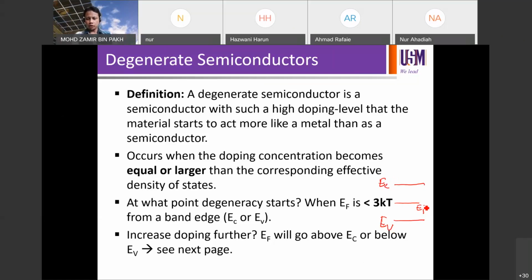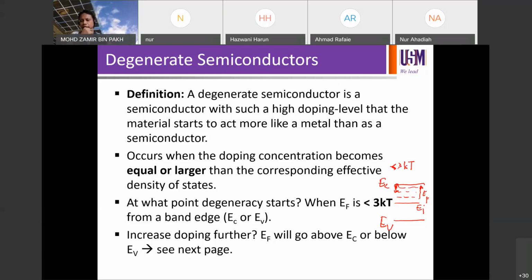If you dope higher and higher, your EF is going to go higher, up to a point when the distance between EC and EF, your current EF due to that doping, is less than 3 kT. The moment it hits 3 kT separation distance, your semiconductor becomes a degenerate semiconductor due to the high doping.